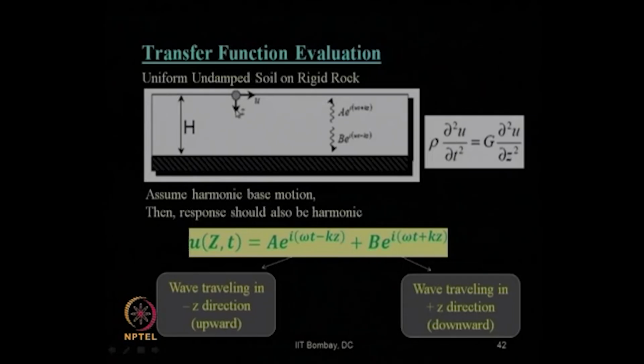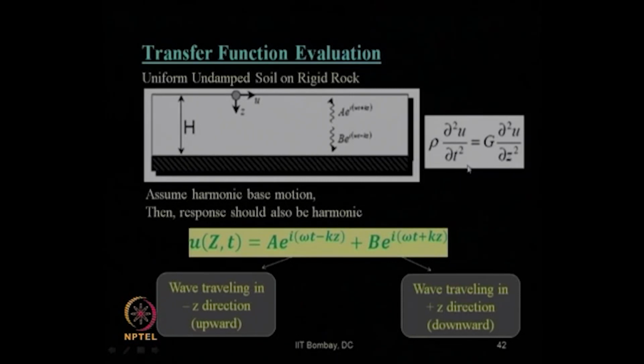Now, when waves are moving, as we have seen earlier from the equation of wave motion for uniform and undamped soil, the basic governing equation is for a one dimensional wave. Remember, we are considering a one dimensional wave now. Do you remember this equation?